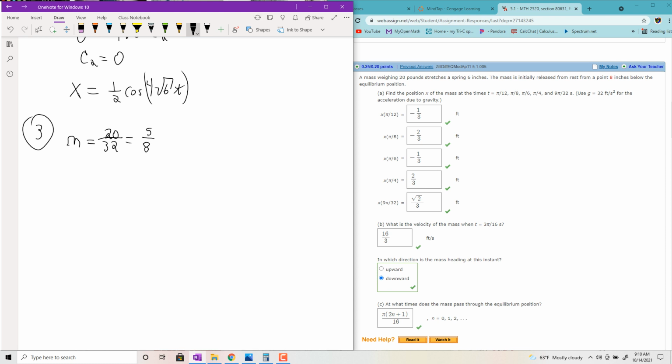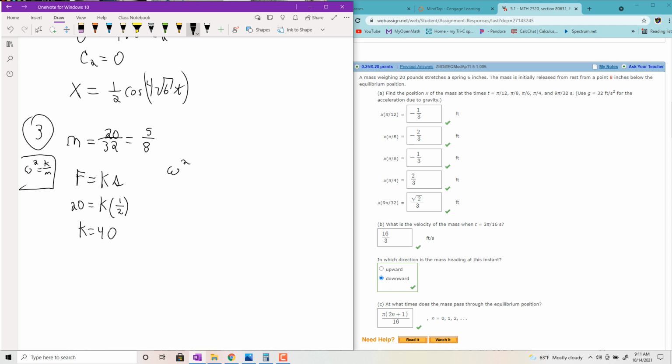Then I need the constant k, right? Because omega squared, again, is going to be k over m. So the k value, again, you retrieve it from Hooke's law. I'm going to plug in 20 for force, that will be the weight of the mass, and then k times not 6 but 6/12, so that'd be 1/2 of a foot. Solve for k. k must be 40.